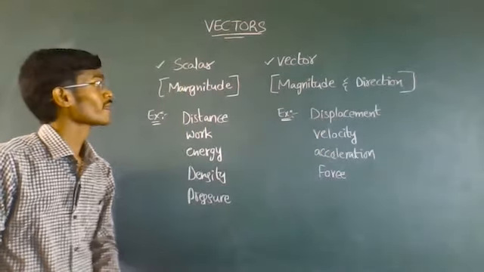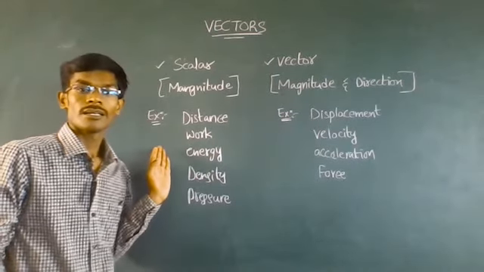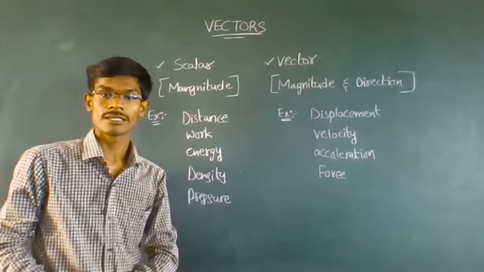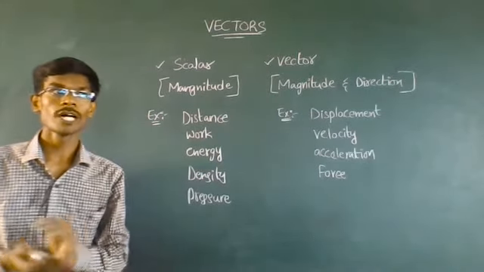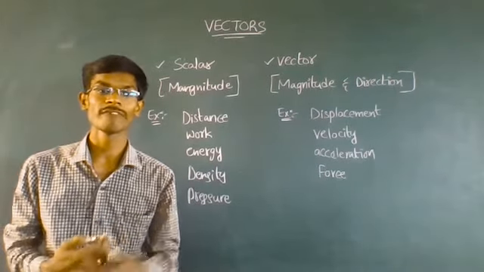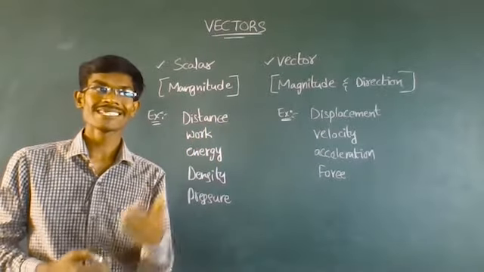We have seen some examples of scalar physical quantities and vector physical quantities. If you want to show the difference, how can we understand the difference between scalar and vector with an easy example?